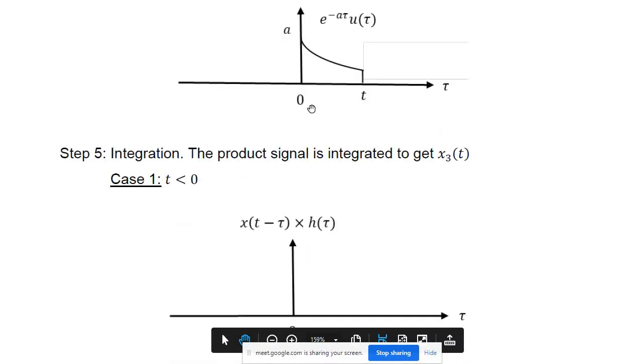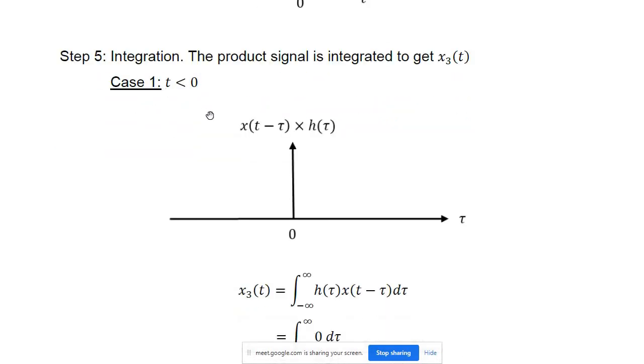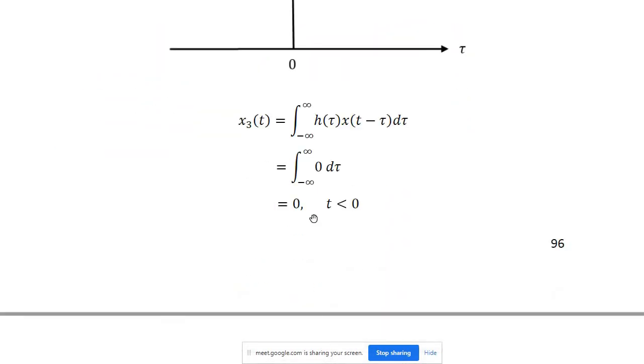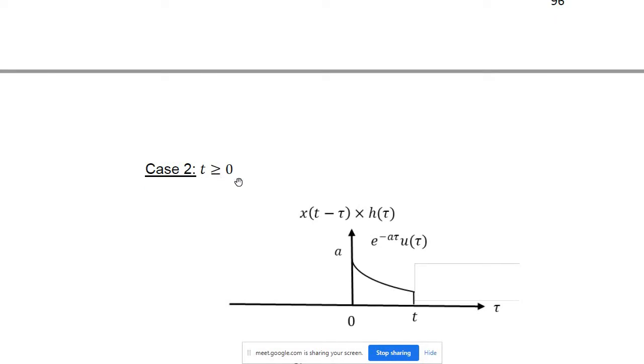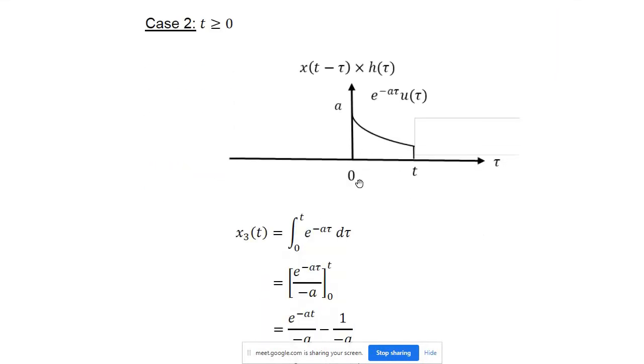From here, step 5, you do the integration. For t less than 0, you get 0 because there is no overlapping. For t more than 0, you calculate from 0 to t of e to the power of negative a tau d tau.